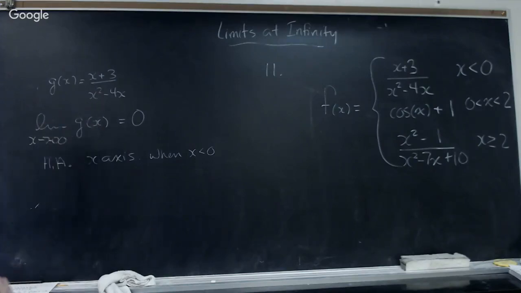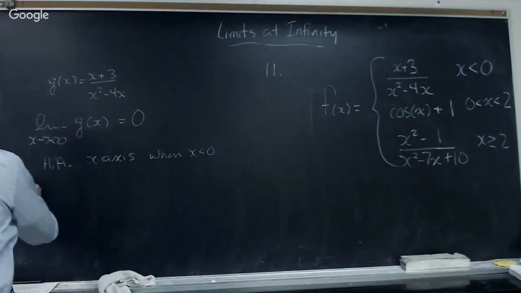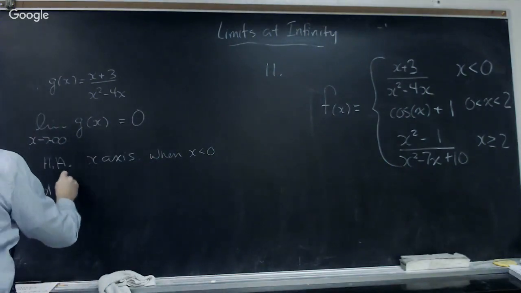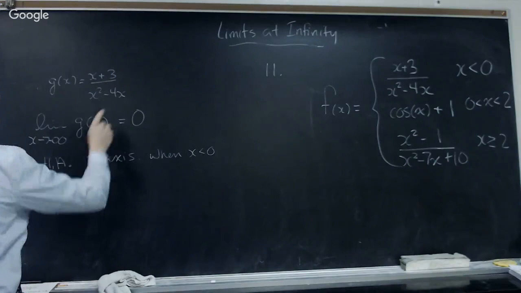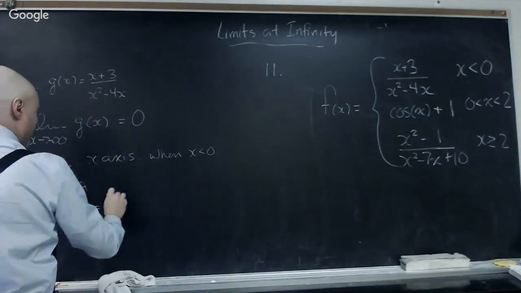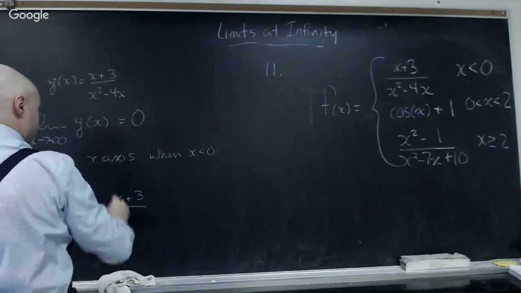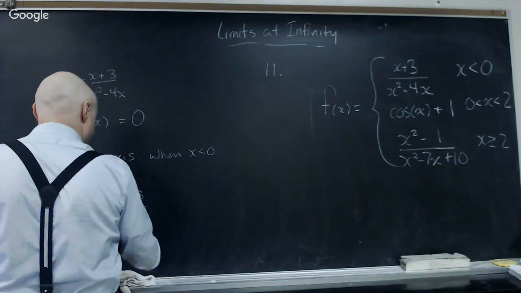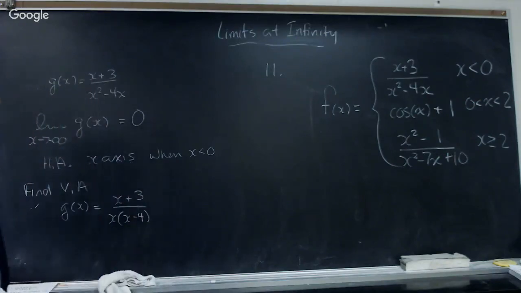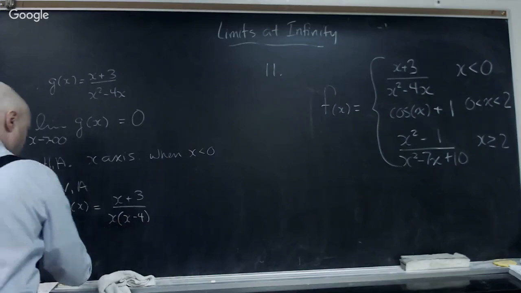Now, let's look at vertical asymptotes here. In other words, when the bottom is 0. And so we're going to factor the bottom. The top doesn't need any factoring. So, provided I don't make any mistakes here, this has a vertical asymptote when the bottom is equal to 0.